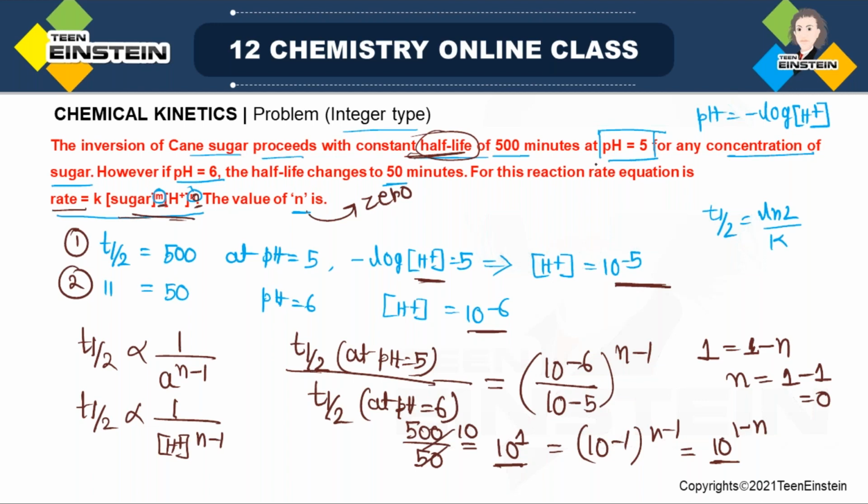But that doesn't mean it will not be dependent on H plus concentration. When you are considering the rate expression, it is dependent on sugar concentration but not H plus. But when you are considering T half, now it is reverse. It is dependent on H plus concentration but not on the concentration of the starting material, that is sugar. That is why it is mentioned for any concentration of sugar.